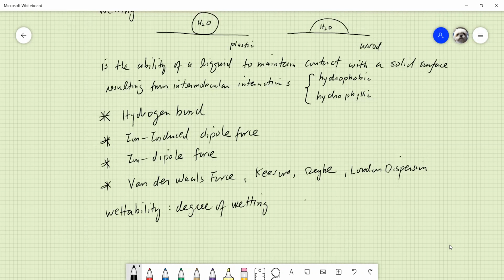cohesive force and the adhesive force. Now, what is a cohesive force and an adhesive force?